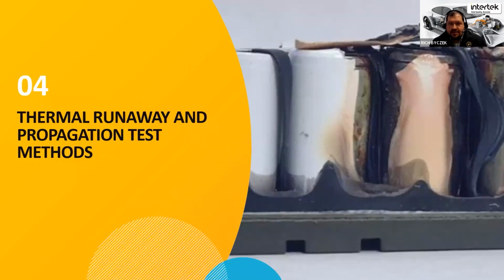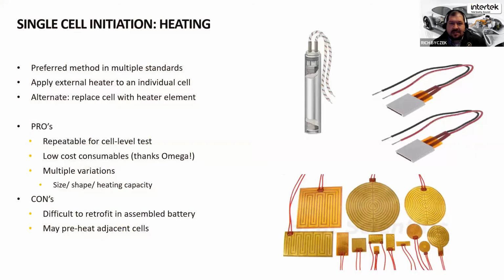So when I look at those requirements out there, there's a few that really dictate how you run a propagation test to make it somewhat repeatable, but there's still some flexibility there. Again, from a laboratory standpoint, single cell initiation through heating, this, I would say, is overwhelmingly the preferred method.